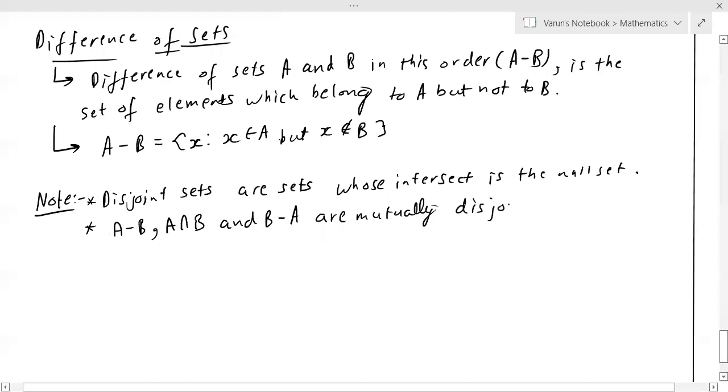That is, if you take any two, you will get no intersection between them. Let me find some good questions for you. Let us do an example.